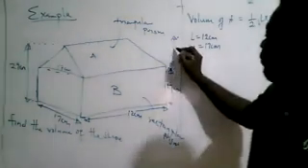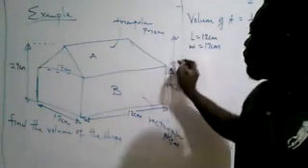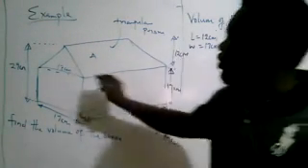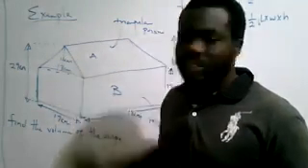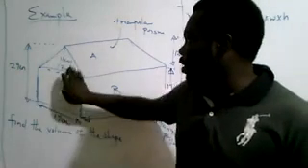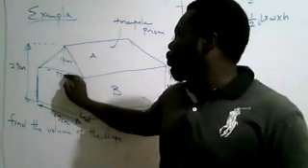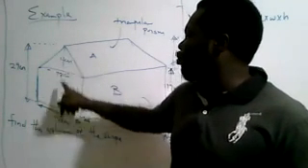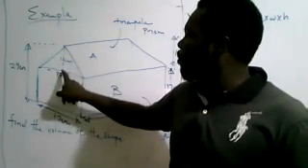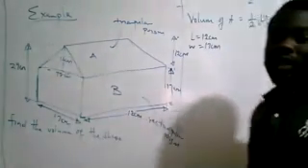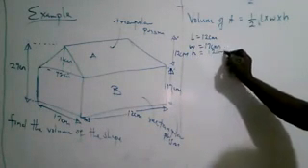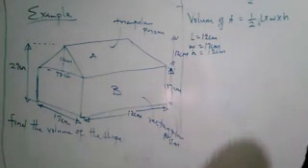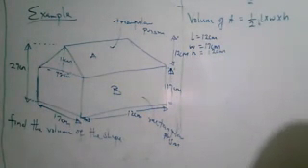So our height is 12 centimeters for the volume of the triangular prism.